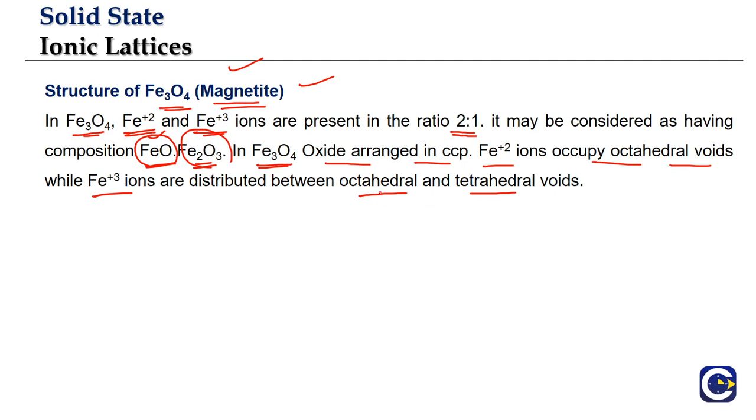So this arrangement of the mixed salts or mixed oxides will be in a manner where we'll have the ions taking multiple void places, and this is one example of how a mixed salt or a mixed oxide can exist.